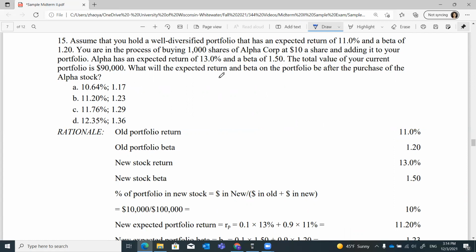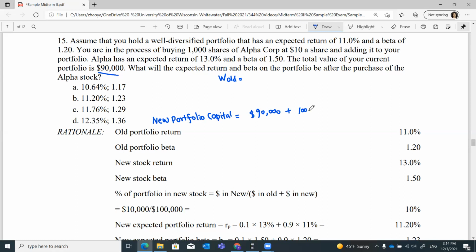So we can find out the weight of the old portfolio in the new portfolio capital. So new portfolio capital equals the old portfolio's capital plus the newly added stock's total capital.